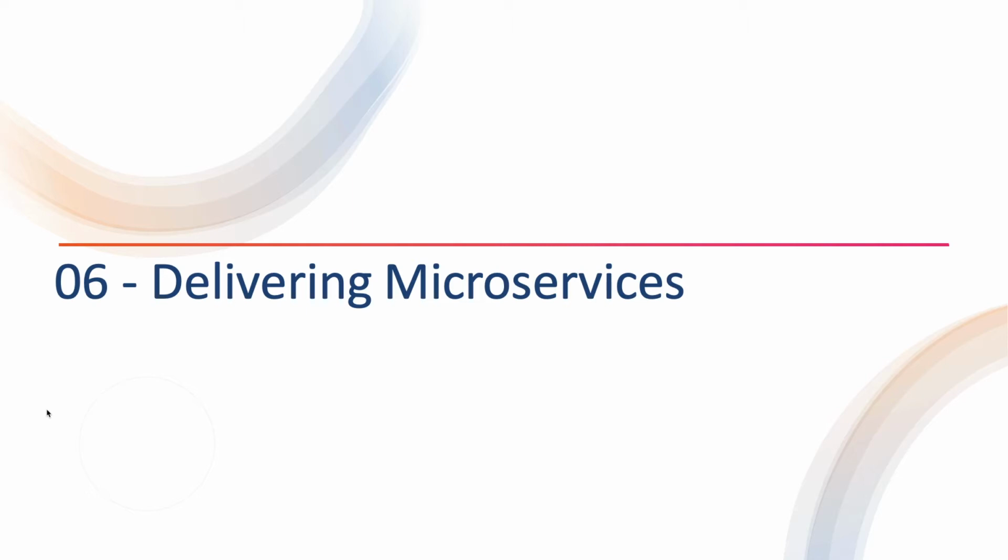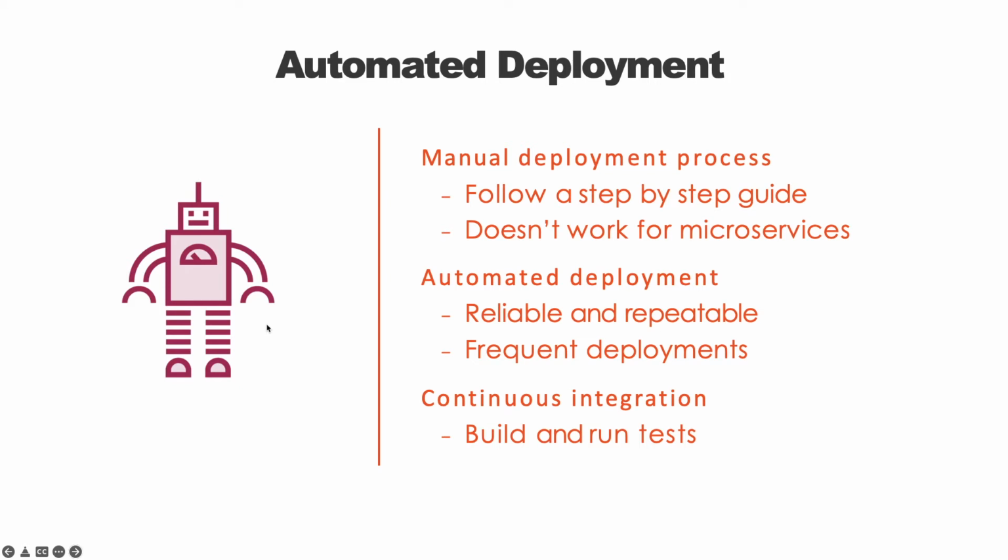Let's start with a word about manual deployment, or following a step-by-step guide to manually deploy your microservices in the different environments. We know that doesn't work for microservices, because we can have many microservices, many instances per microservice, and also many environments.